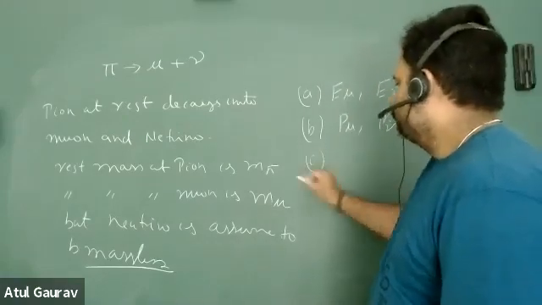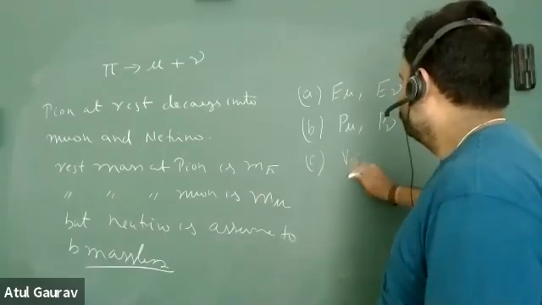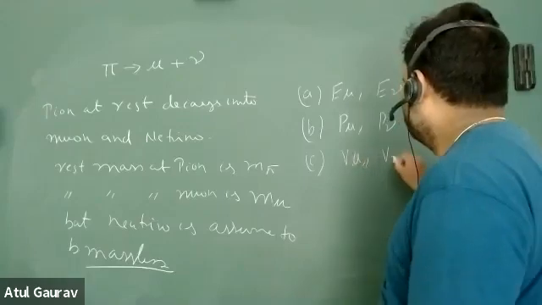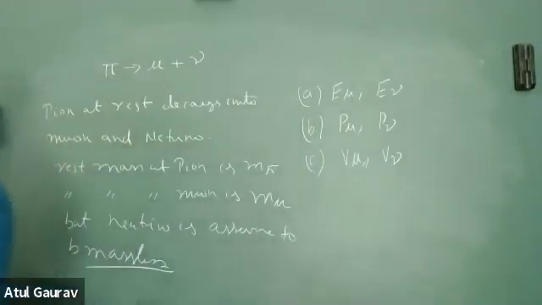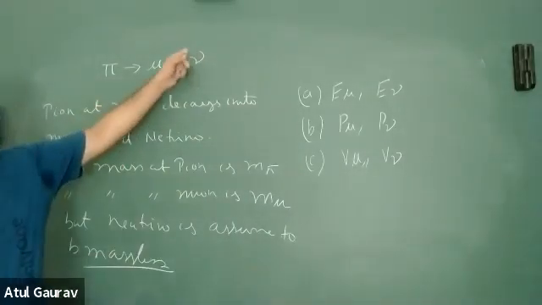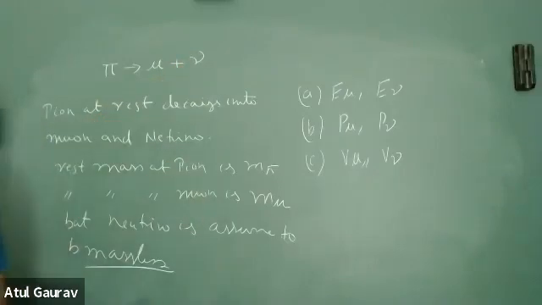And third problem, find the velocity of muon and velocity of neutrino, or speed of muon and speed of neutrino. What I have changed is that the neutrino has no mass, it has become massless. So if it becomes massless, then things are going to change. So let's calculate everything again.